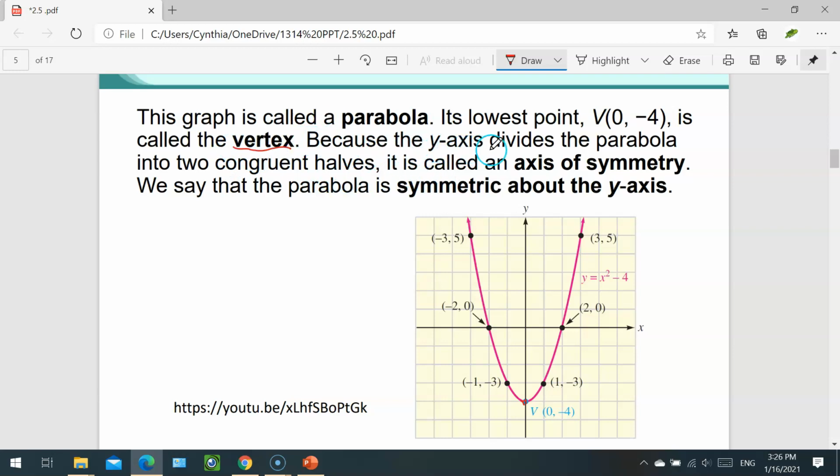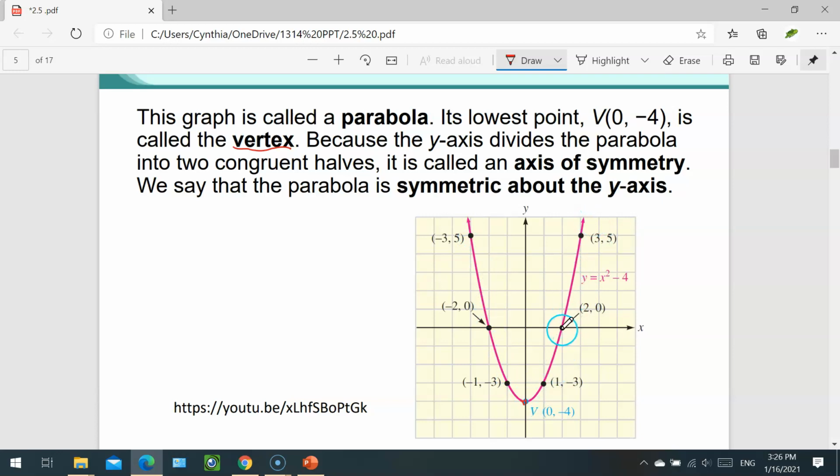Because the y-axis divides the parabola into two congruent halves, it is called the axis of symmetry. We say the parabola is symmetric about the y-axis. So the y-axis splits the parabola into half and half, and this part of the curve is symmetric with the other part.